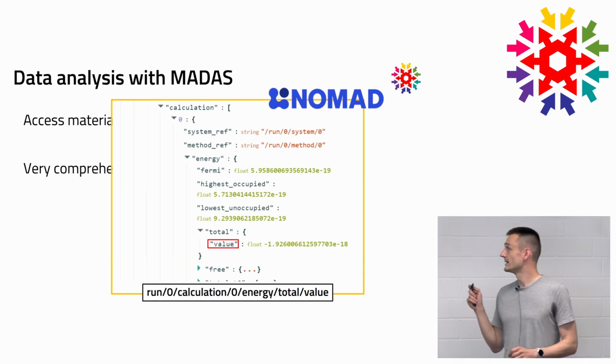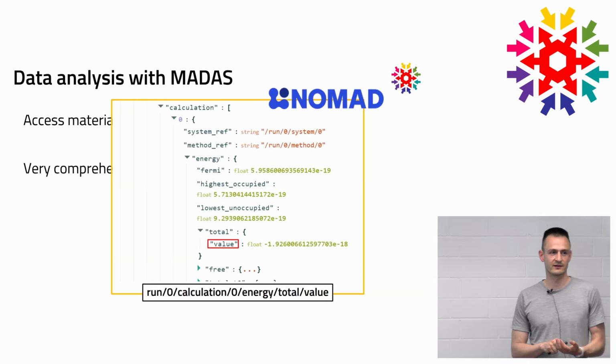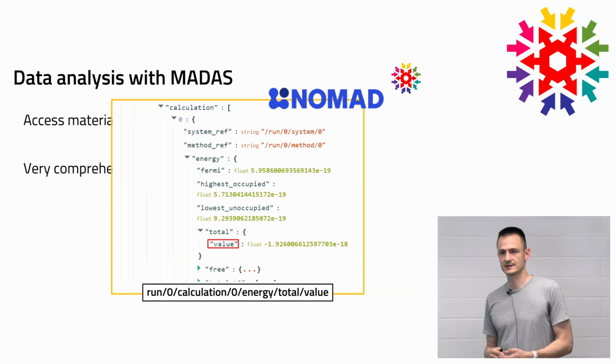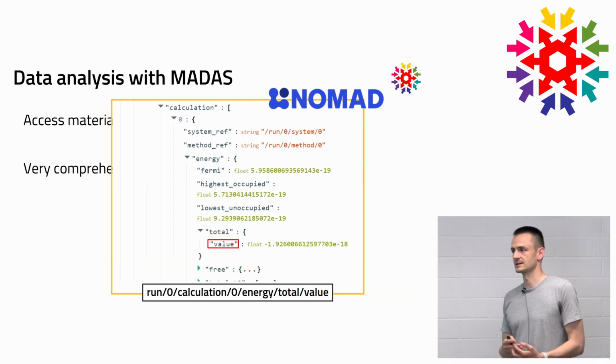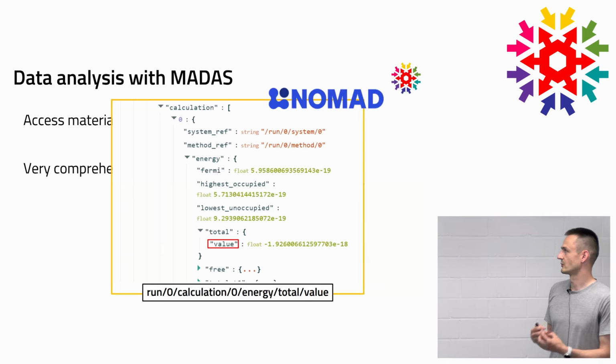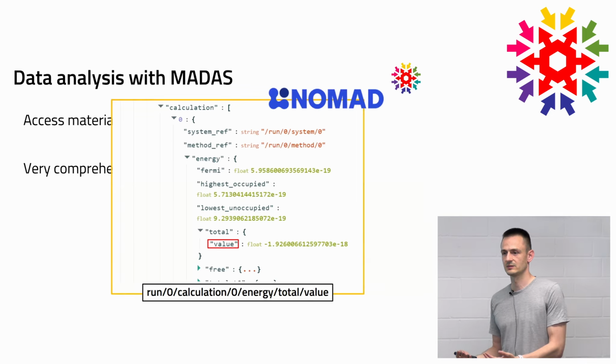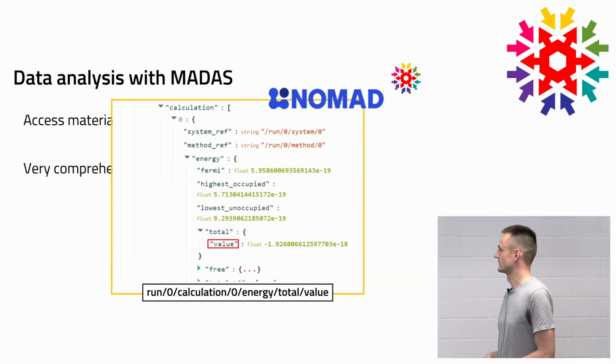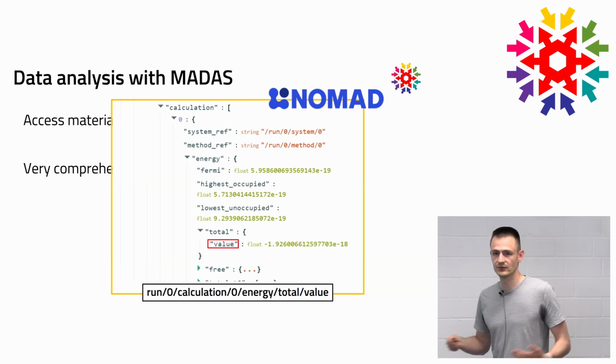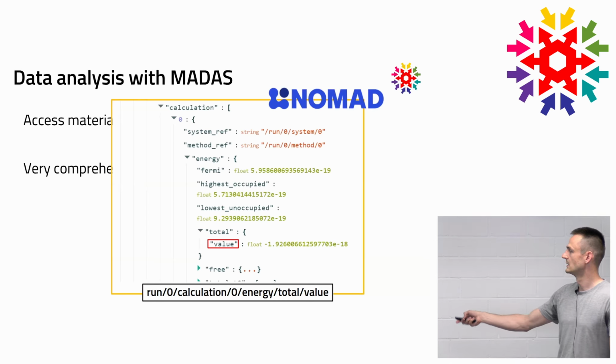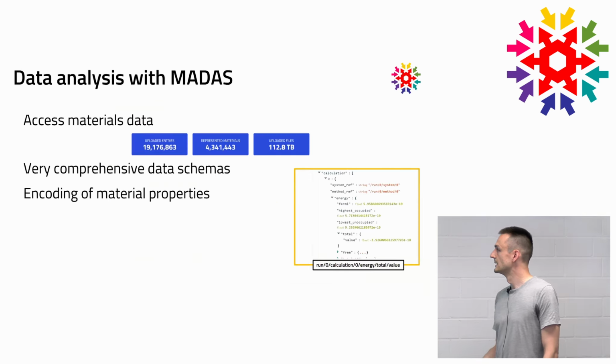Now, don't get me wrong, I don't think that this is bad in the way the NOMAD schemas are built. I think it's just a necessary complexity of the problem. If someone else in another database claims that it's easier in their case, I think they oversimplify the problem and they're just not giving us information, right? But anyway, if you want to do a machine learning thing, you somehow need to get the data out, right?